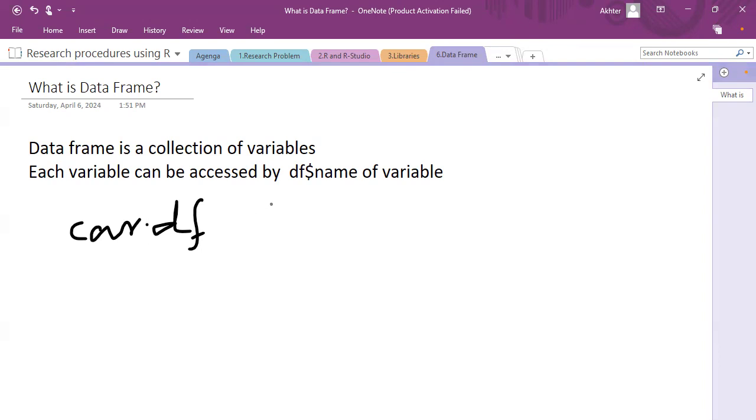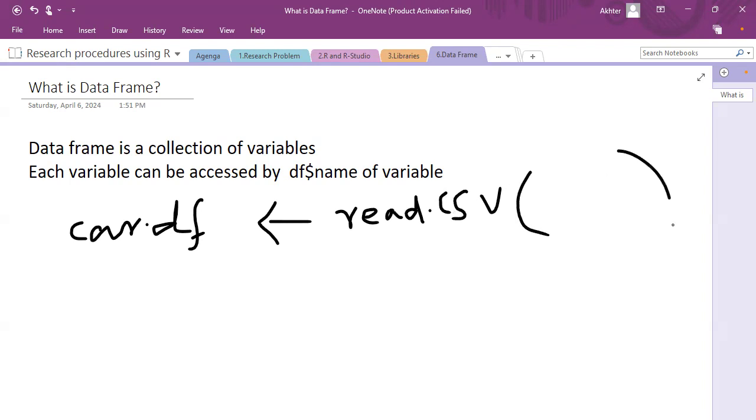So you have to store all of the variables in car.df. You have to read the file, because all of the variables are stored in a data file named ToyotaCorolla.csv. So you use read.csv, and in the brackets mention the file name, the Toyota Corolla file name.